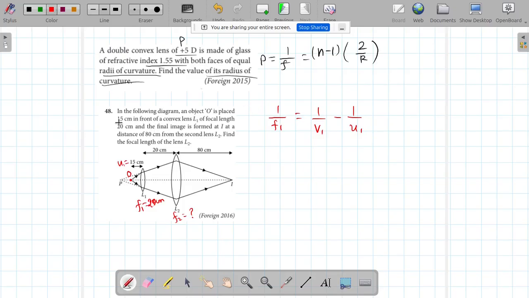The focal length is positive, 20 centimeter. So 1 by 20 equals 1 by v1 minus u1; u1 is negative, therefore it becomes positive, 15 centimeter. Therefore 1 by v1 equals 1 by 20 minus 1 by 15.